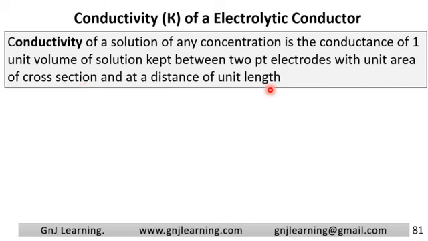If length, breadth and height are all unity, then it is called unit volume. So conductivity is the conductance of unit volume. This is a very important term to keep in mind in this part.